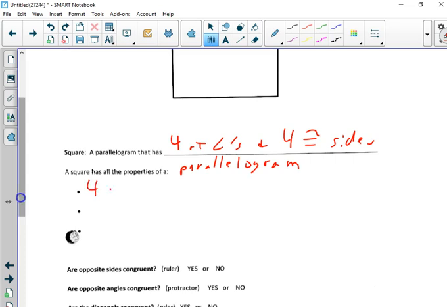But it has four right angles. Congruent sides. And congruent diagonals.